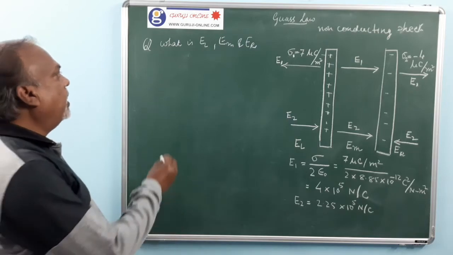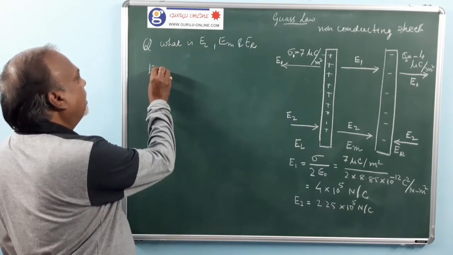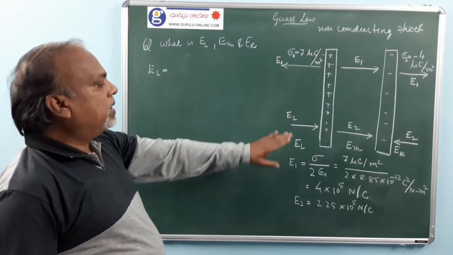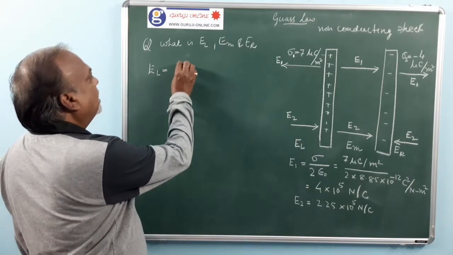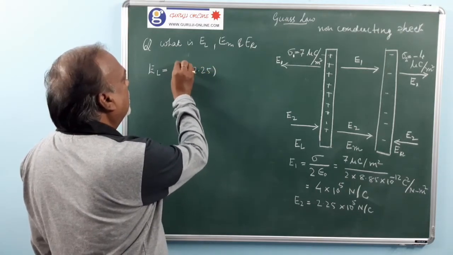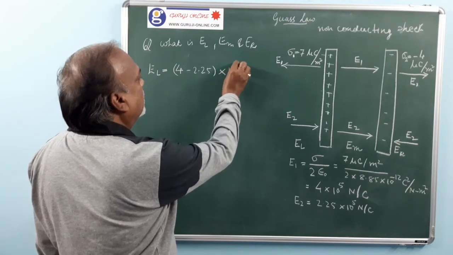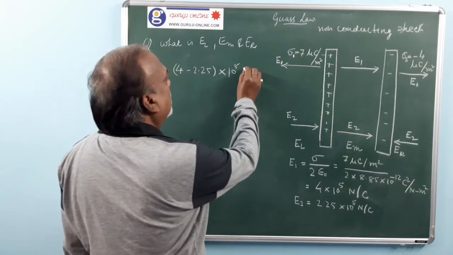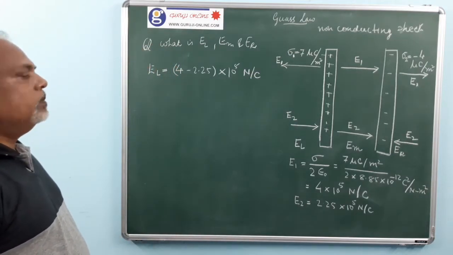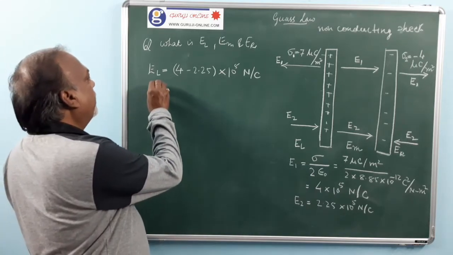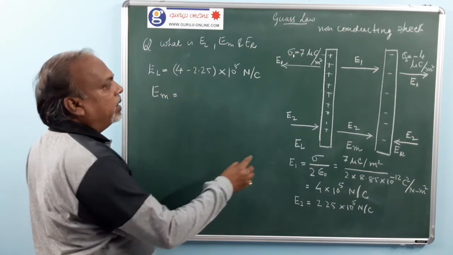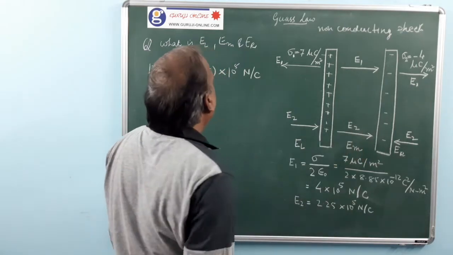Now we can calculate what is EM. Here, E1 is in this direction and E2 is in this direction. That means this will be nothing but 4 minus 2.25 into 10 raised to 5 newton per coulomb. Correct? What will be on the left? These two directions are same.